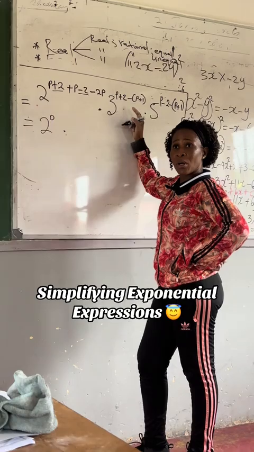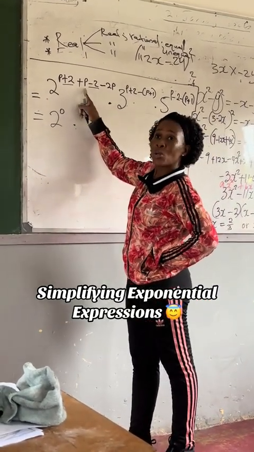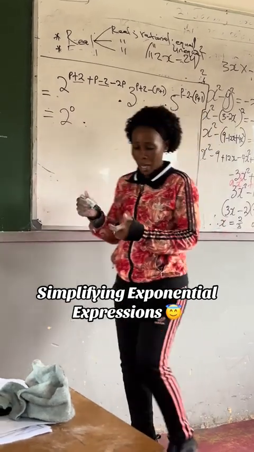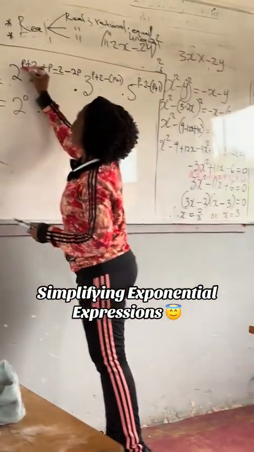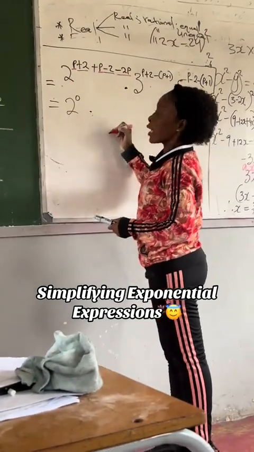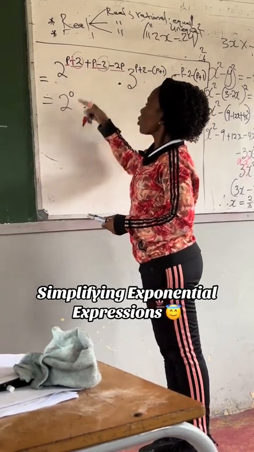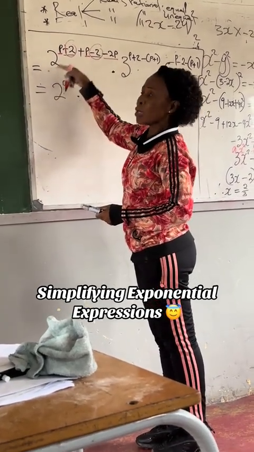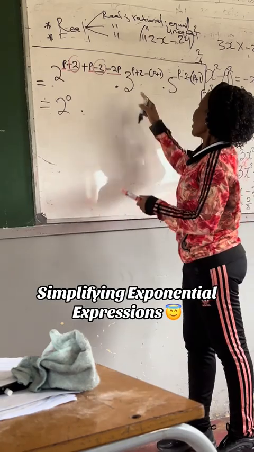Are we wrong? P plus P, 2P minus 2P, 0. 2 minus 2, 0. So 0 plus 0 will be 0.